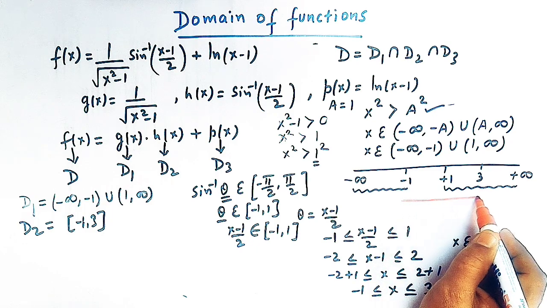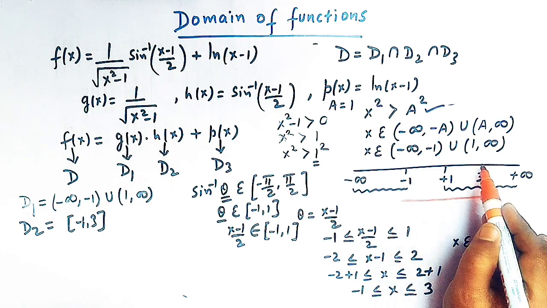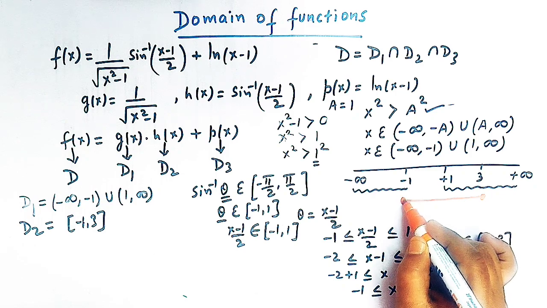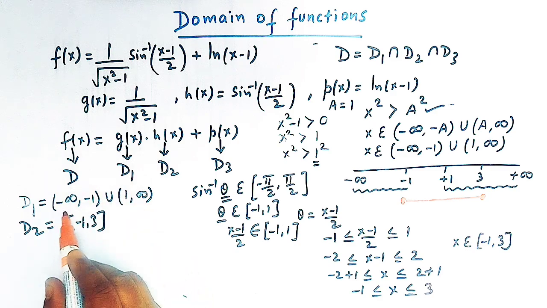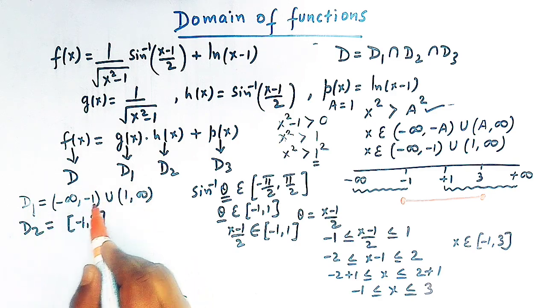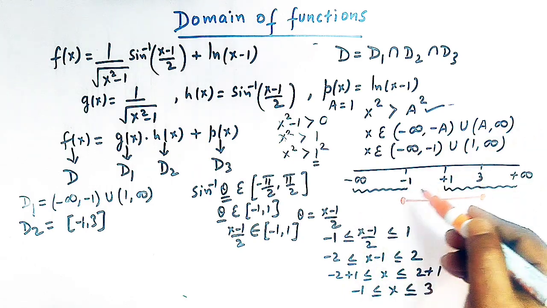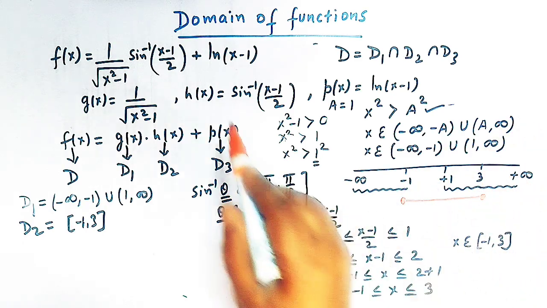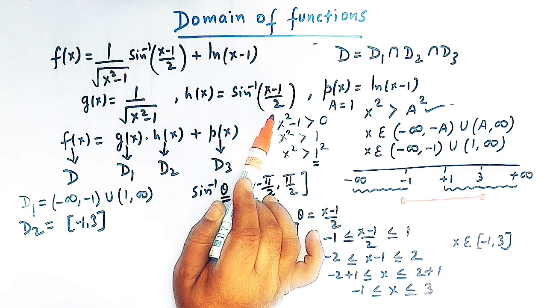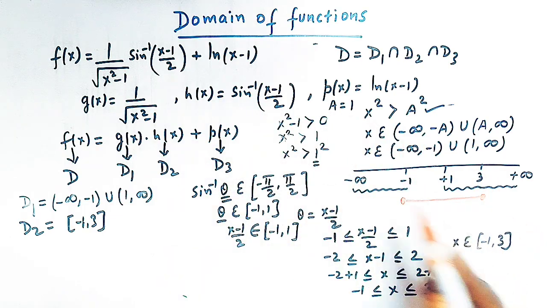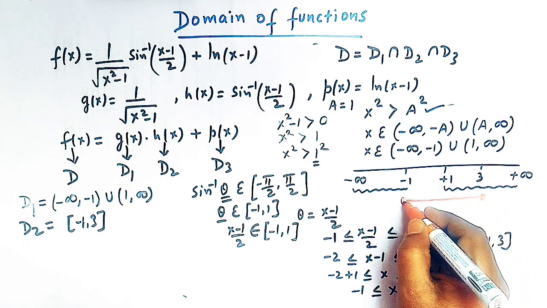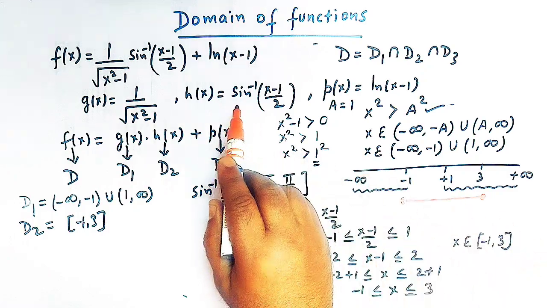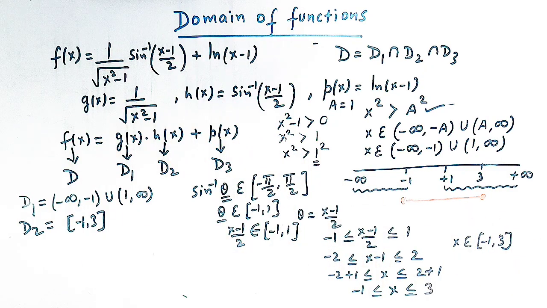In the first case, when we found the domain d1, we discarded minus 1, so we'll discard minus 1 later on. But when we consider only sine inverse of (x minus 1) over 2, the domain is from minus 1 to 3. For this reason it represents the domain of h of x.